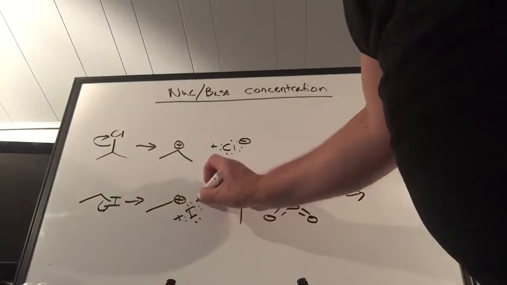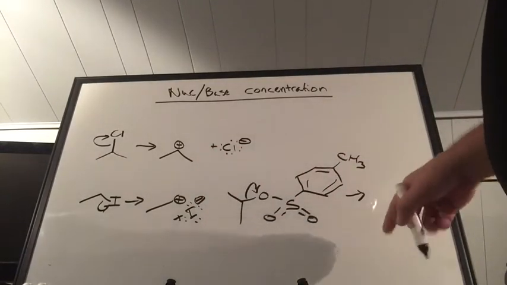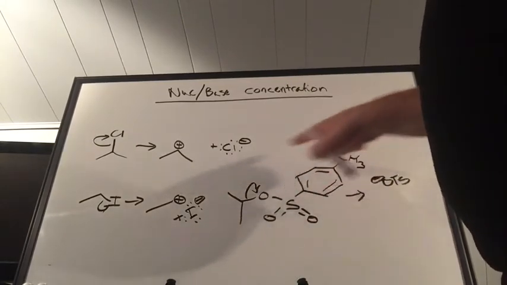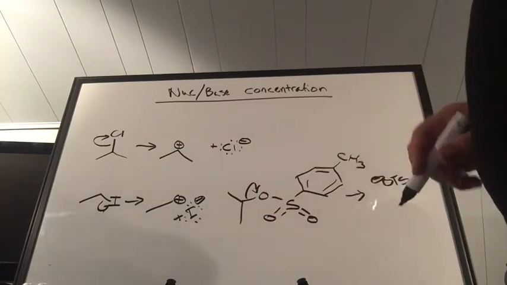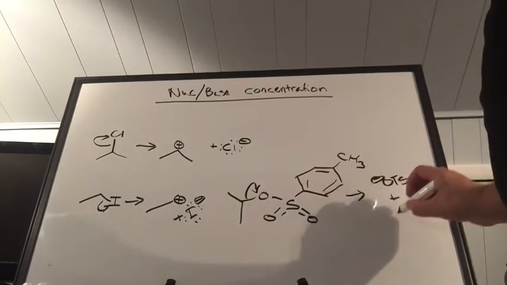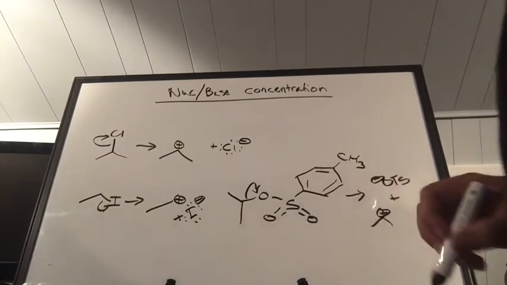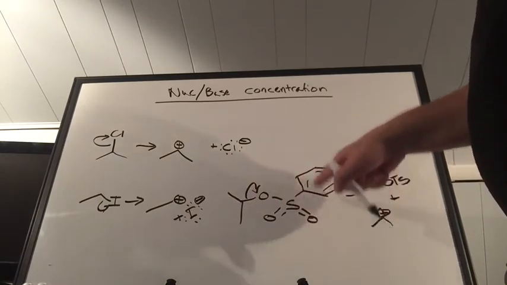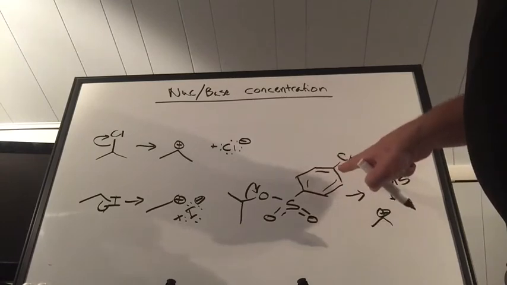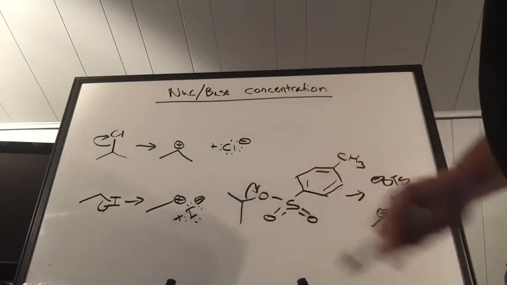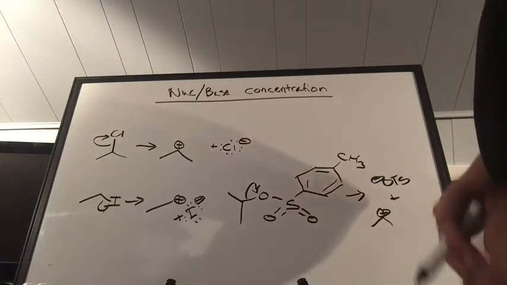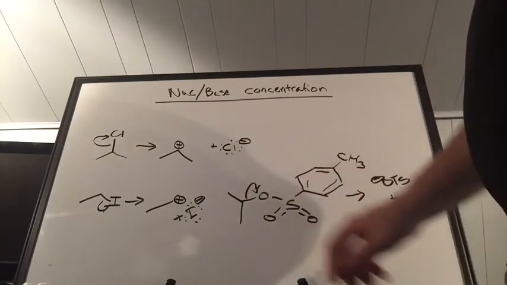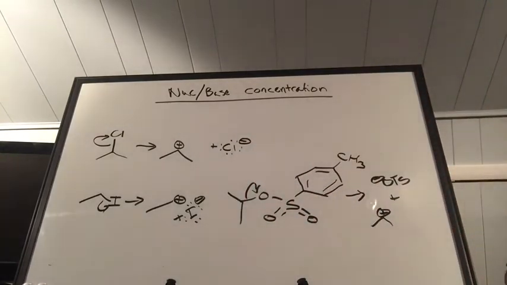Sorry about that. Okay, but you're going to have OTs. So that's just shorthand for all of this here. Okay, with that oxygen there at the end. And then you're going to have that secondary carbocation. Okay, so in other words, this is going to be a very good leaving group. If you want to work around some of the resonance structures there, be my guest. This is going to be a very stable anion when it's separated from something else, be it a hydrogen plus, or in this case, this secondary carbocation.